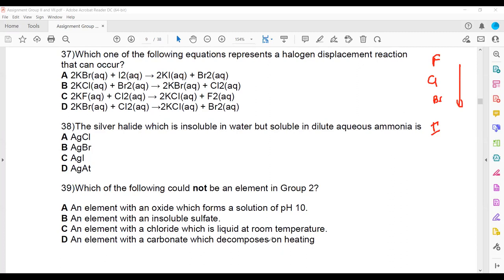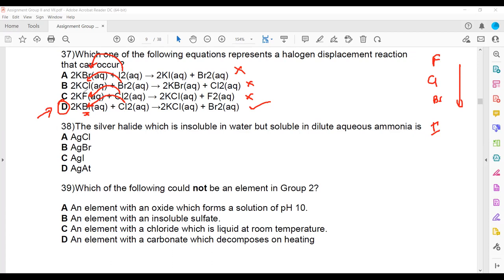So down the group, the reactivity decreases. So if iodine cannot displace, this won't occur. Then bromine cannot displace chlorine from its compound because bromine is less reactive. Then chlorine cannot displace fluorine from its compound, less reactive. But chlorine can displace bromine from its compound, so this reaction will occur. That's why D will be the right answer.